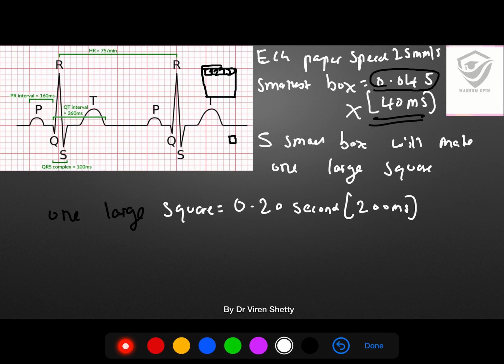So 40 into 5 is 200 millisecond. Once you have understood this, we'll try to talk regarding intervals now.